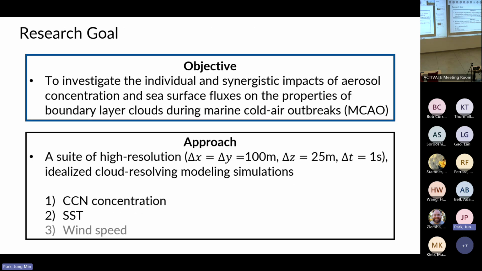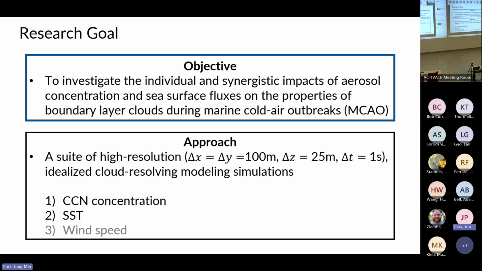The overarching goal of this work is to investigate the individual and synergistic impacts of aerosol concentration, which could serve as CCN, and sea surface fluxes on the properties of boundary layer clouds during cold air outbreaks. This goal is addressed by a suite of high resolution simulations, with a horizontal grid spacing of 100 meters, a vertical grid spacing of 25 meters, and a model integration time step of 1 second.